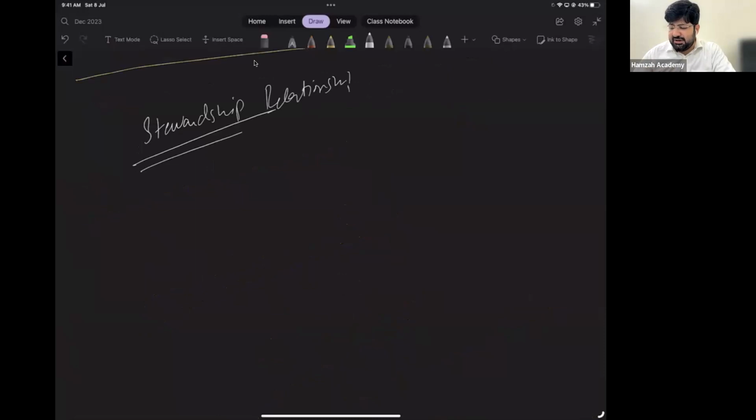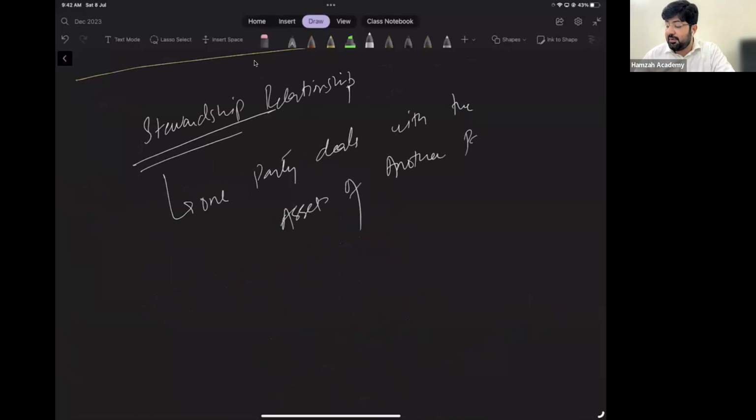Another term it is, basically concept is not new. Stewardship relationship is a relationship where one party deals with the assets of another party. One party deals with the assets of another party. This is called stewardship relationship.